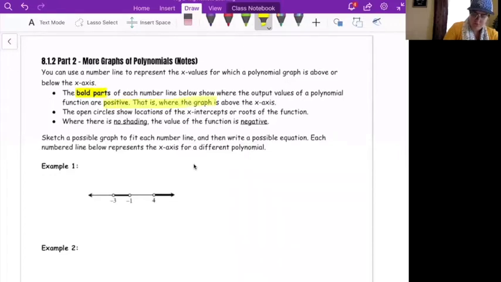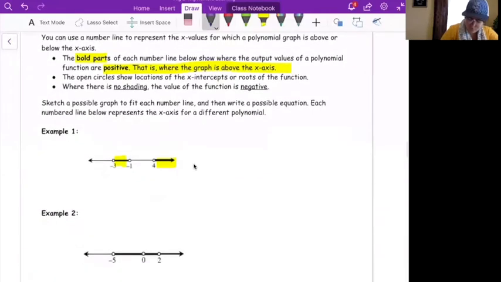By bolded, I mean these sections right here and here. And then the unbolded parts are where it's going to be negative or below the x-axis. So the way that this would look, we know that it's going to be above, below, above, below.